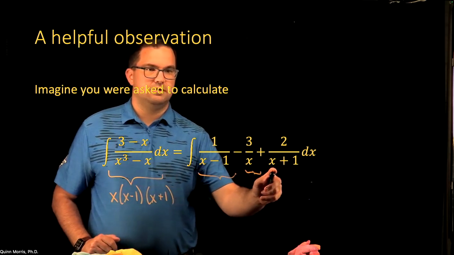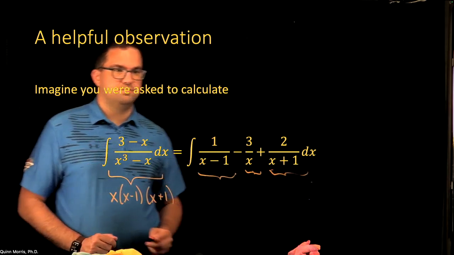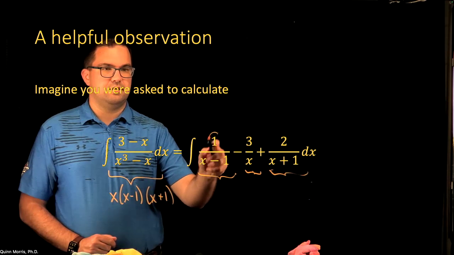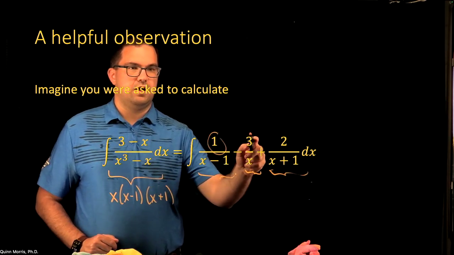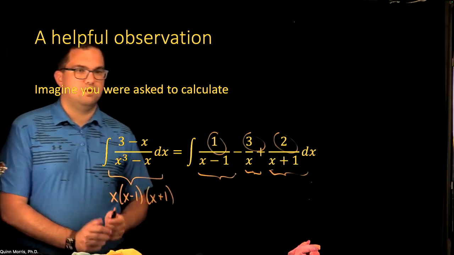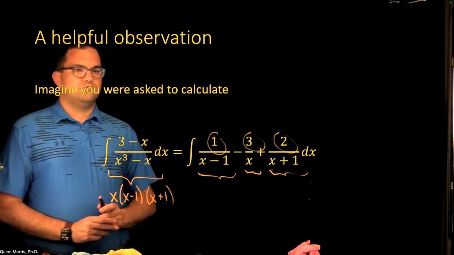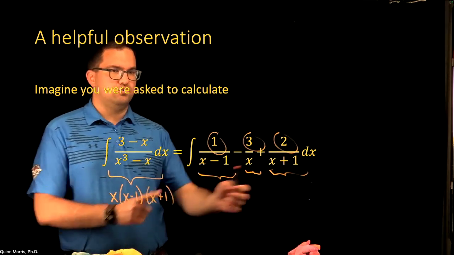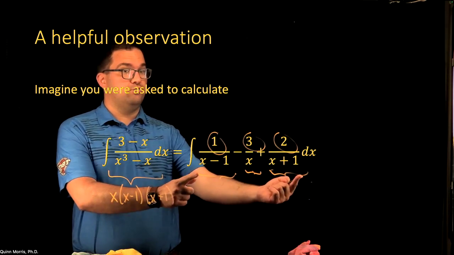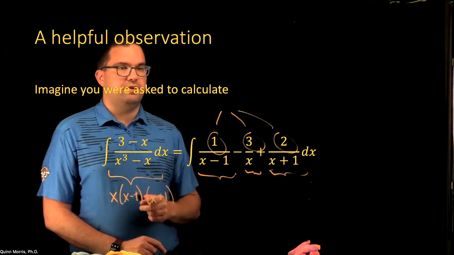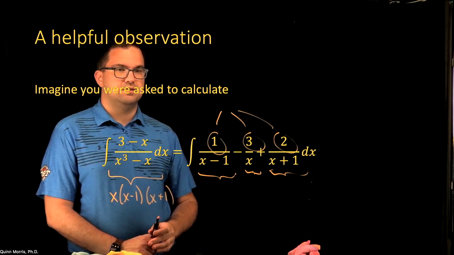There's the x minus 1, and the x plus 1. And then on the tops, I just have a constant, another constant, and another constant, okay? So what I want to try and understand is maybe there's some way that I can understand the form in which I could rewrite this, and then I could just do a little bit of algebra to calculate these constants.